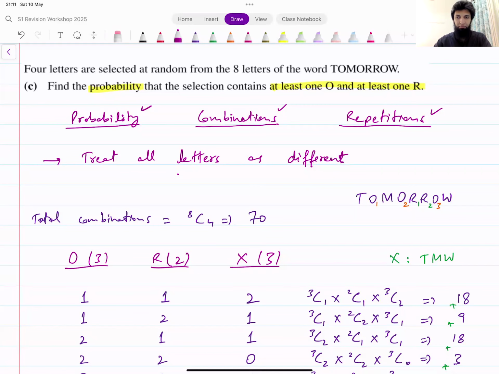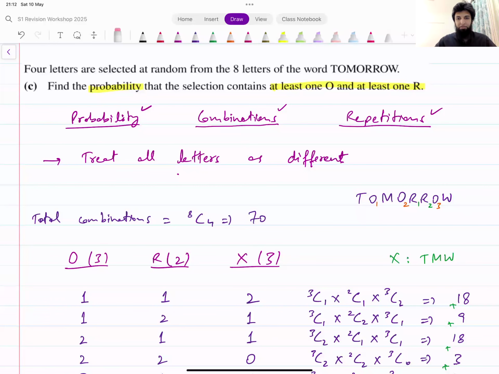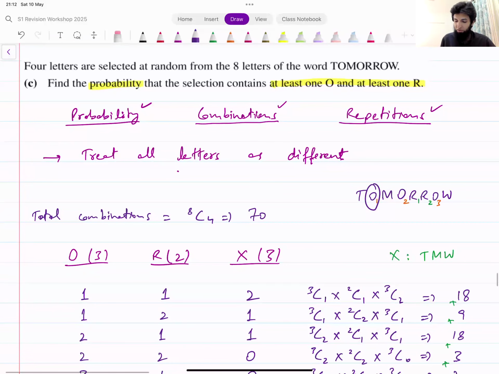Whenever you have probability, combinations, and something repeated in that set of objects, set of letters, you treat all letters as different so that you equalize their probabilities. So you consider it like this: this is O1, this is O2, this is O3. This is R1, this is R2. So treat all of them as different objects, okay?